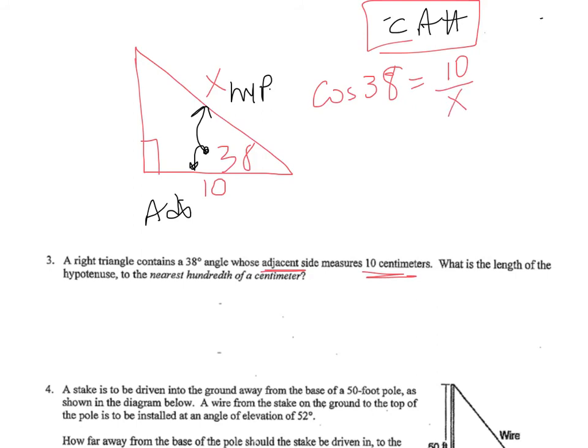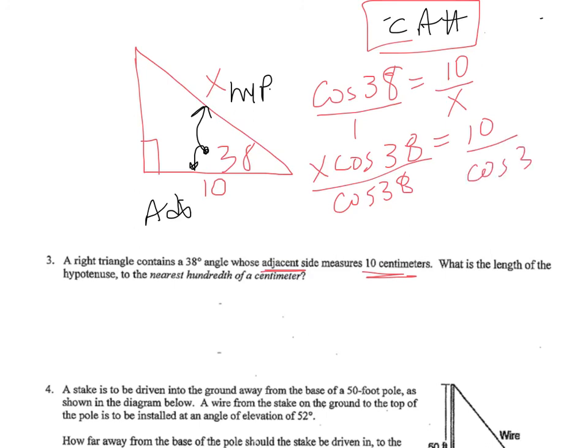Now, this one's a little trickier because when I cross multiply, I don't automatically have my answer, like the last two examples. x times cosine of 38 equals 10. Then to solve for x, you actually divide by the cosine of 38.